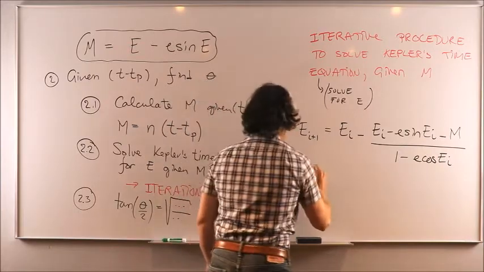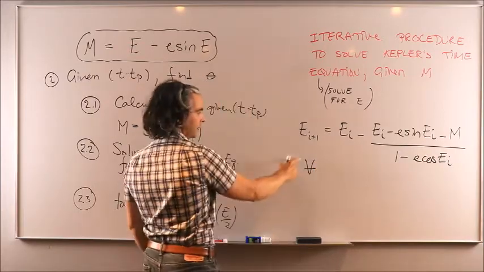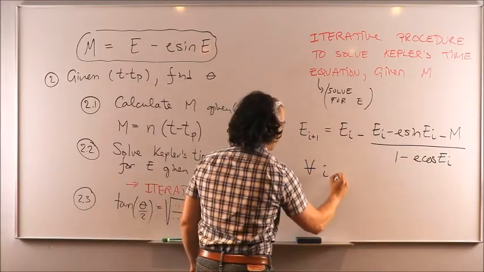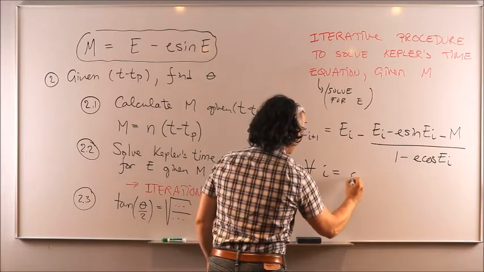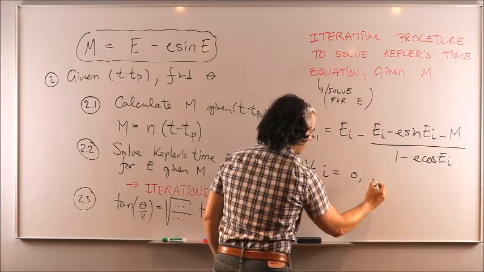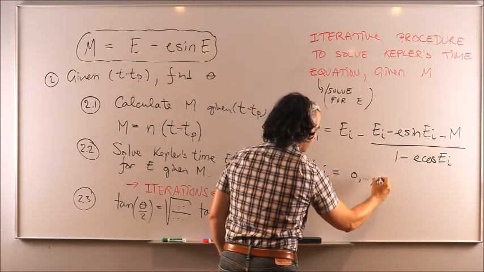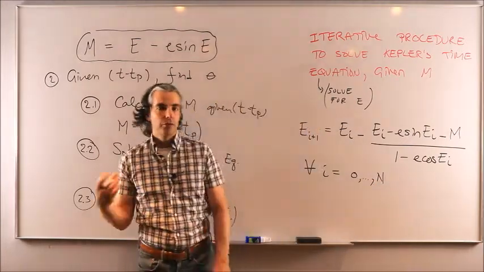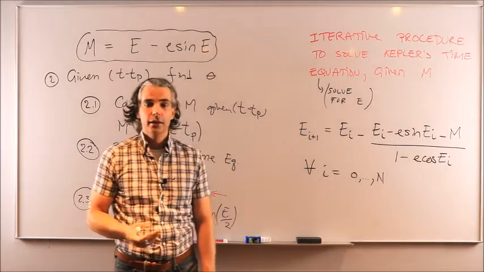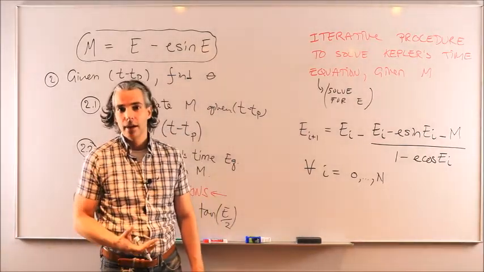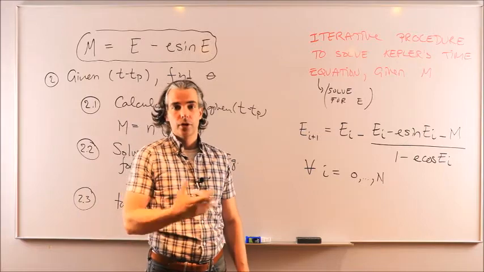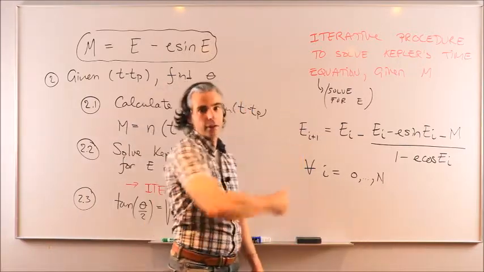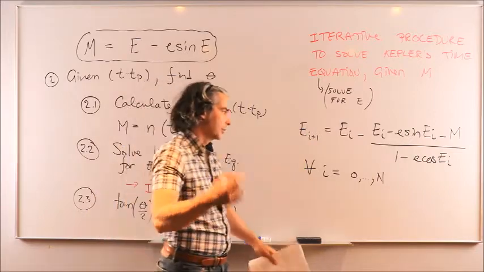And you repeat that for all i equal to 0 all the way to n iterations, where n can be 3 iterations if you do the process by hand. If you have access to MATLAB through a computer, then n is up to you. Just create a for loop and iterate in software all the way to 100 or something like that.